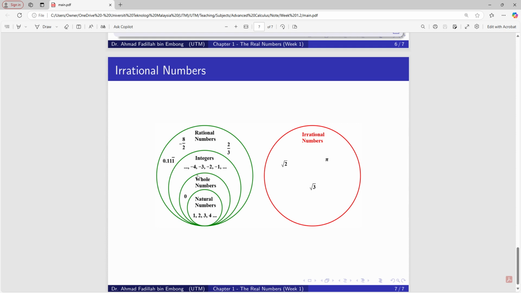Of course integers include all the negative numbers together with 0 and the natural numbers, and then we have the rational numbers. Previously people knew of these, but when they found about the square root of 2, we know that the real numbers are composed of the rational numbers together with the irrational numbers.